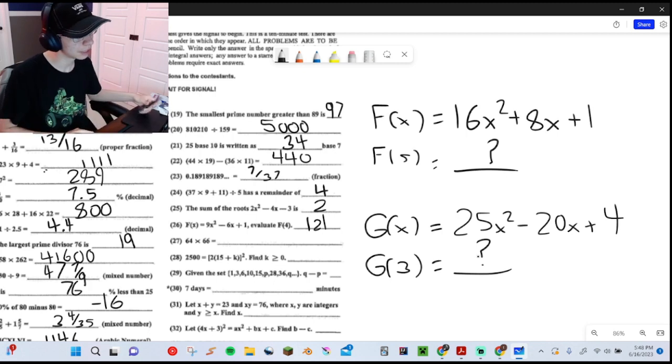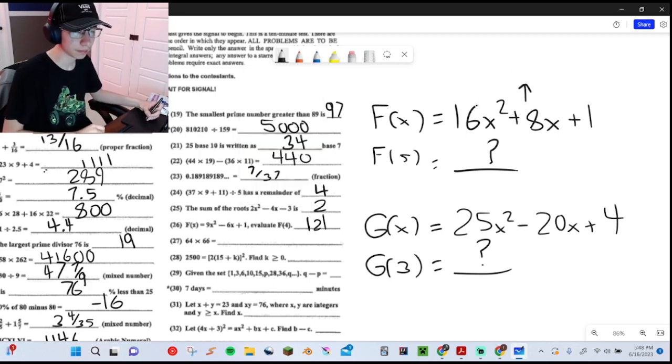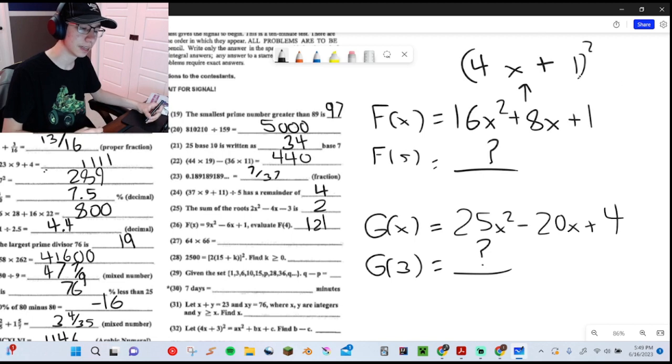If you're back, here's the solution. So this, I take the square root of the 16, I get 4. I take the square root of the 1, I get 1. I check if this is positive, it is, so it's 4x plus 1 squared. I plug in 5, I get 21 squared, which is 441.